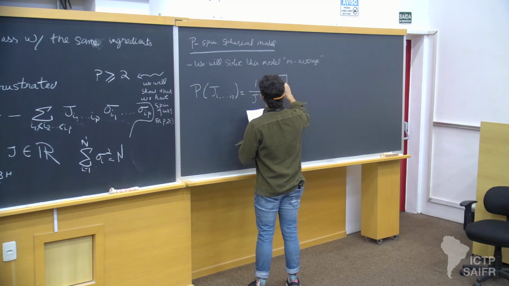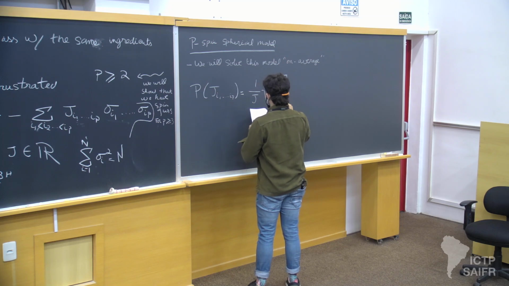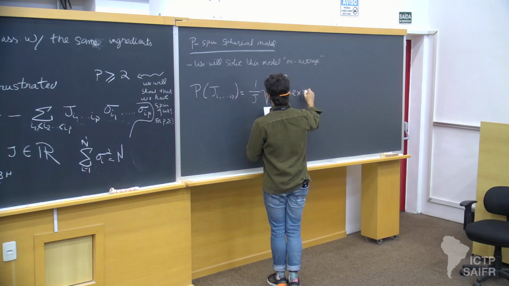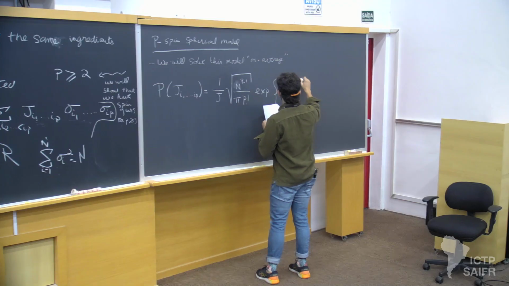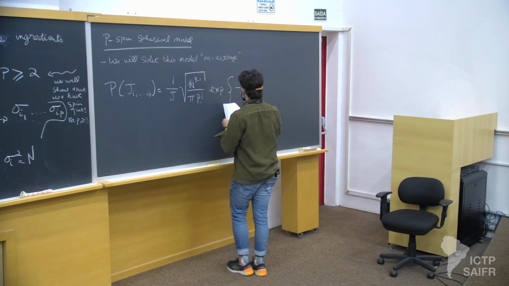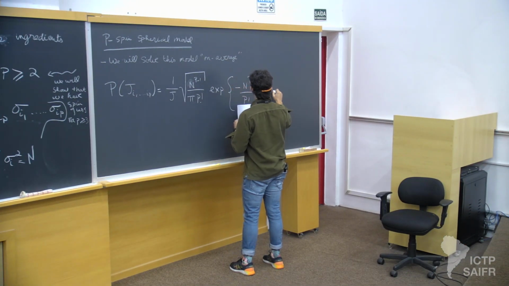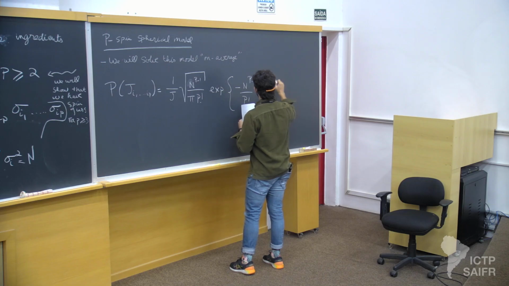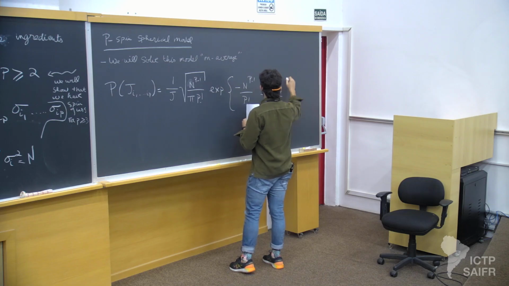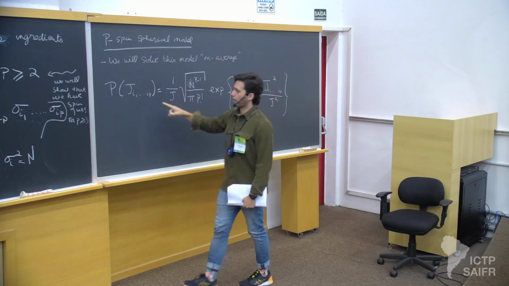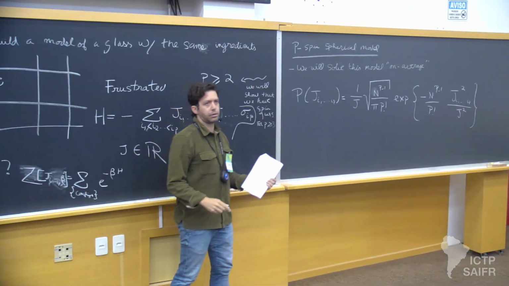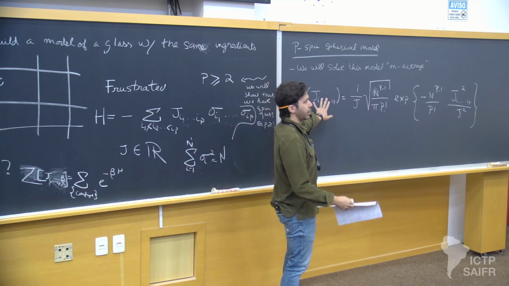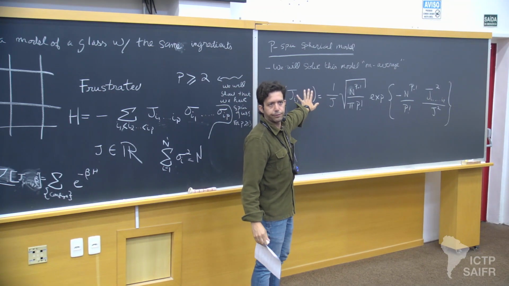So I'm just going to write down a probability distribution over the couplings J. It's Gaussian, so you can sample these J's, and they'll be either positive or negative.